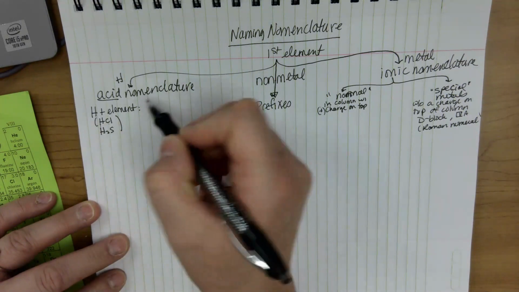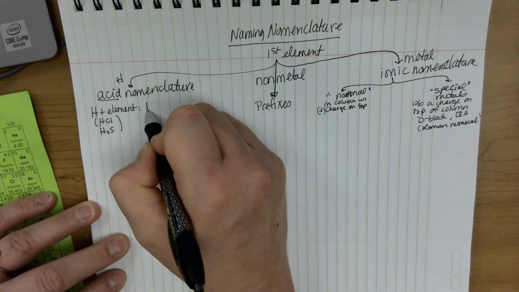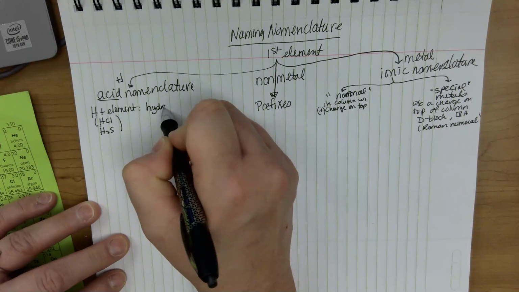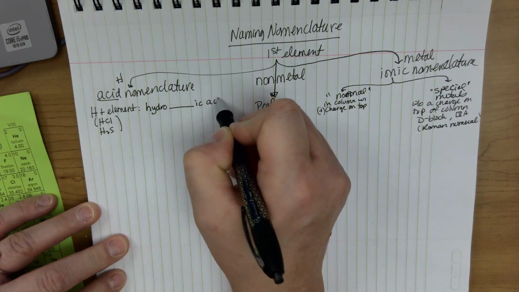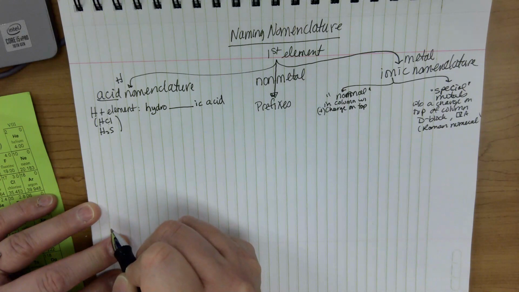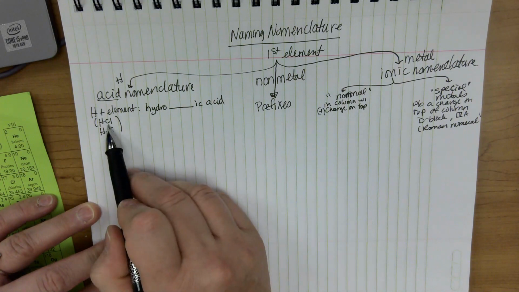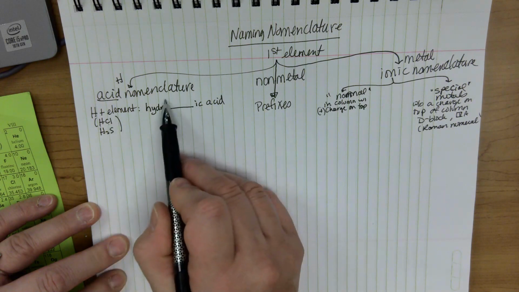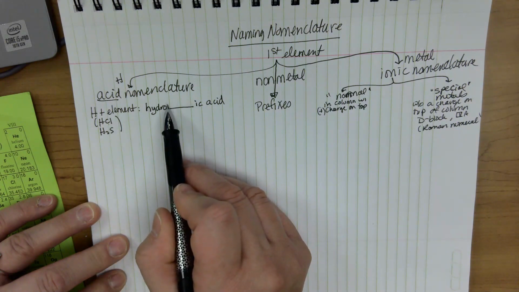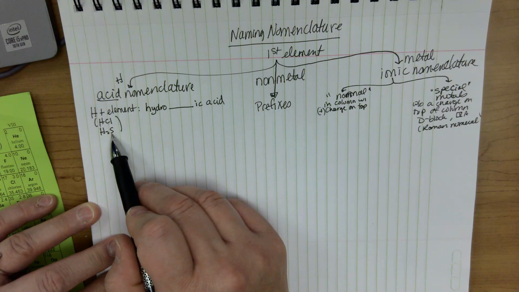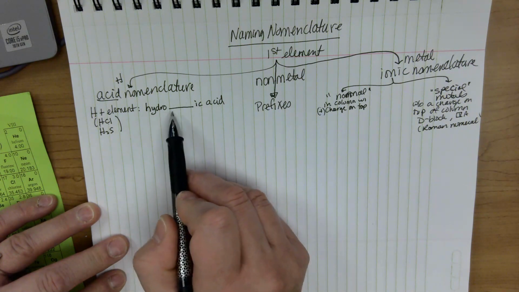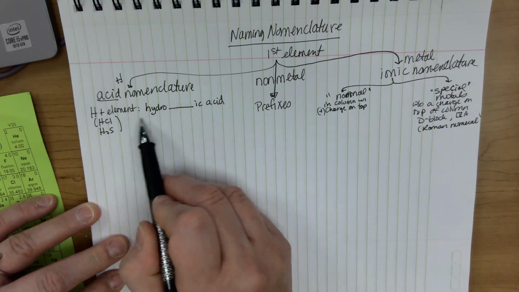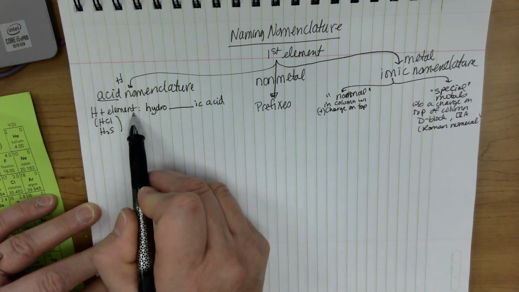When we do those, we're going to use hydro blank ic acid. So this would be hydrochloric, right? This is chlorine, so we'd put chloric acid here. This is sulfur, so that would be sulfuric acid. So it's hydro blank ic acid. So we use hydro when it's H plus an element.